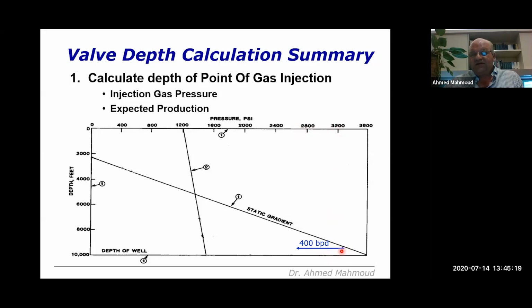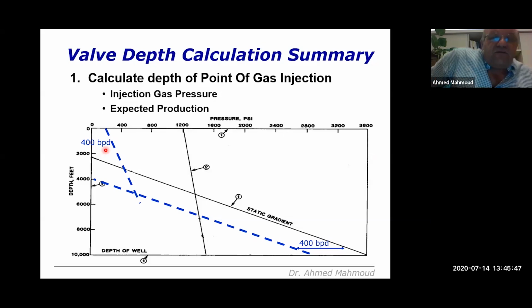Once I draw this delta P, the next thing I do is draw a line parallel to the static gradient line. After that, I draw the gradient line corresponding to 400 barrels per day, which I can obtain from the Gilbert plot, for example.